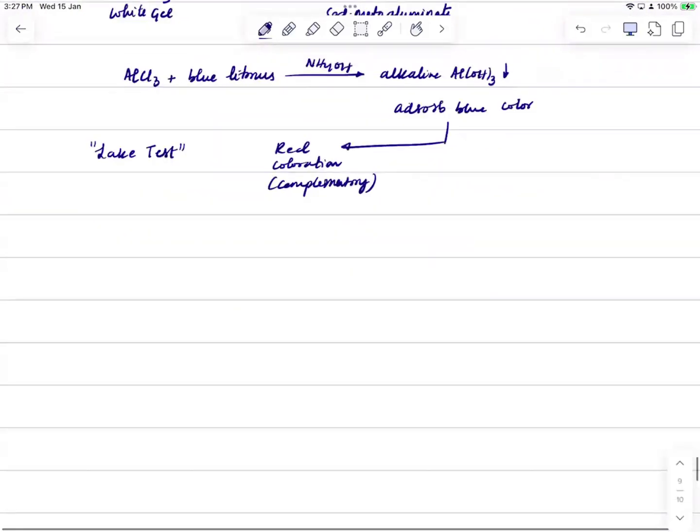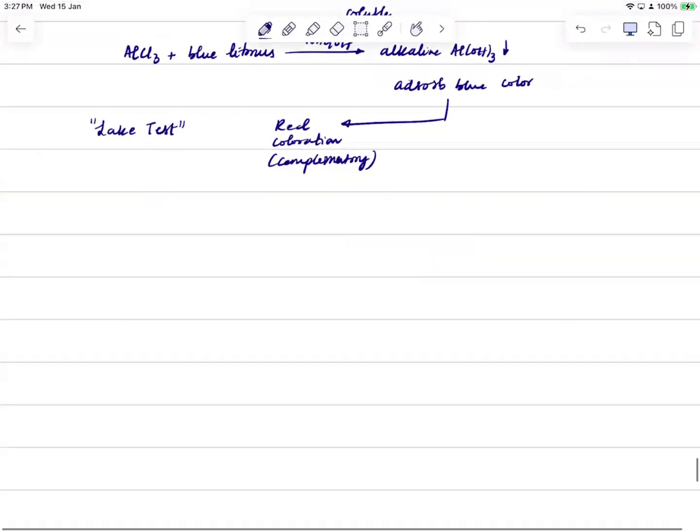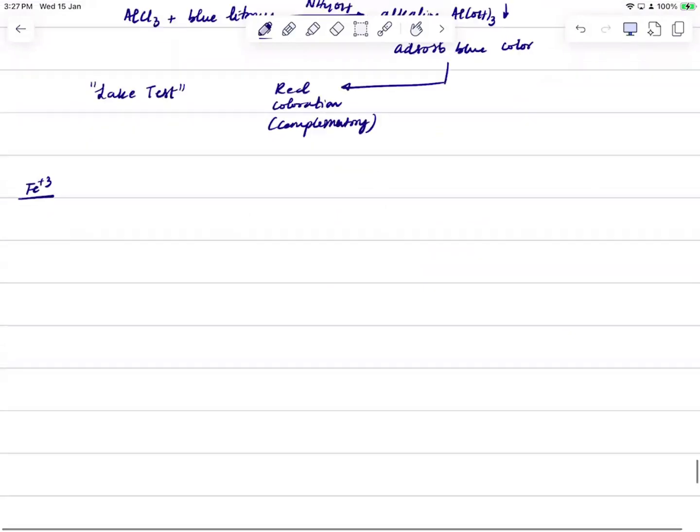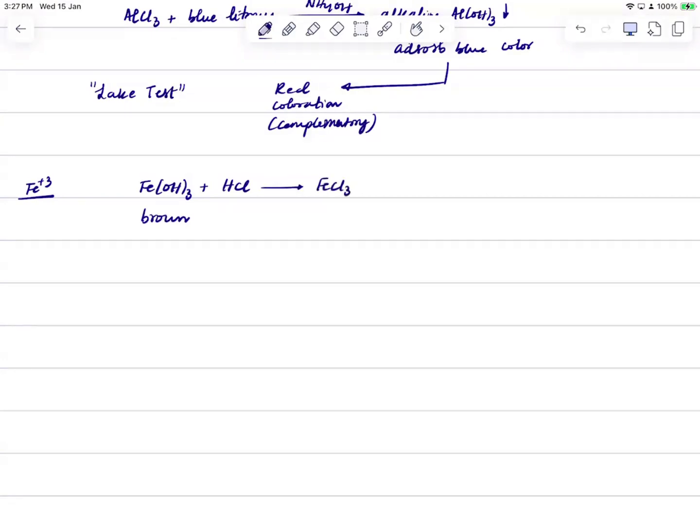Okay. Next one is for Fe plus 2 or Fe plus 3. Sorry, Fe plus 3, not for Fe plus 2. For Fe plus 3, the reaction is simple. Whatever hydroxide is formed as a precipitate, which in this case is a brown color precipitate, when you add HCl becomes colorless again, forming FeCl3 plus H2O.